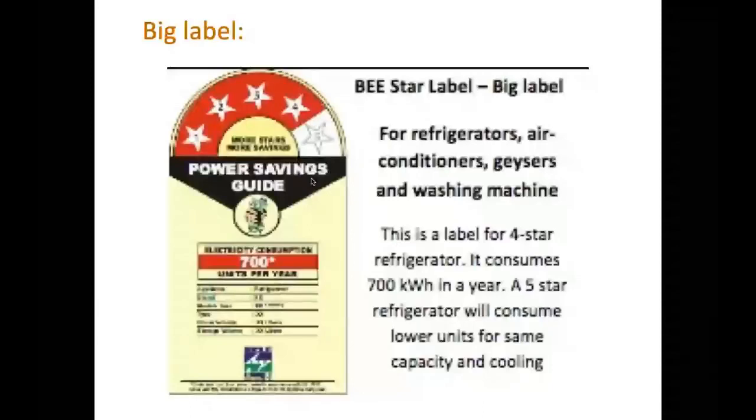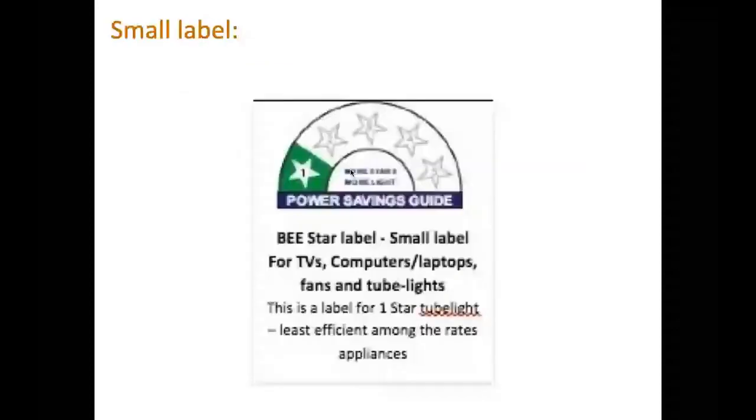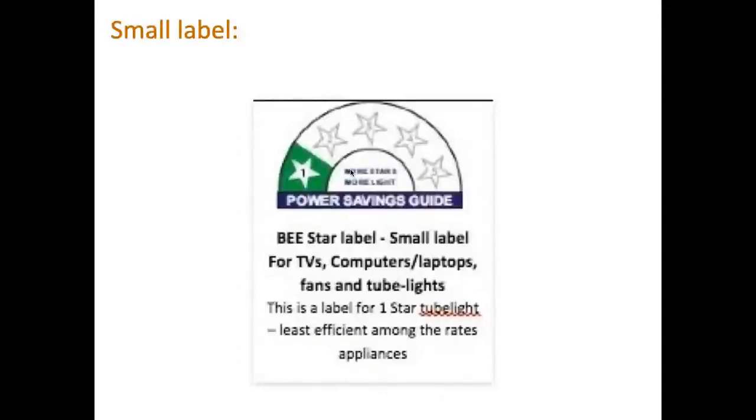For consumers, this big label is helpful as it allows you to calculate the actual money you would spend in the electricity bill for a particular product. Products with big labels are, as I mentioned, refrigerators, air conditioners, and geysers. And the small label can be found on appliances which usually don't consume much energy.